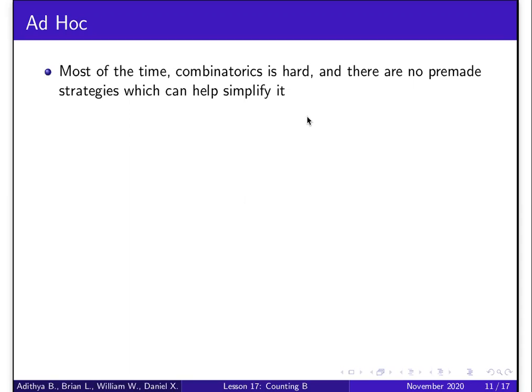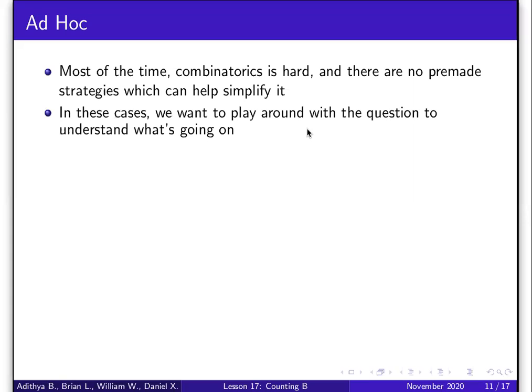So instead, we need to rely on general heuristics and methodologies which can help us attack different question structures. So in the following examples, we're going to want to try to play around a bit with the question to understand what's going on.